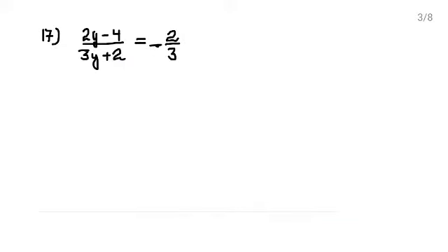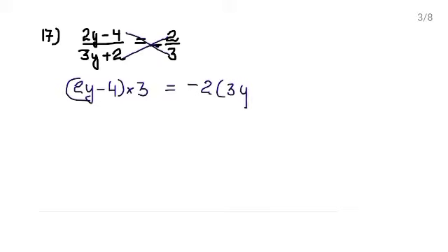Next, question number 17, again multiply this by this. 2y minus 4 is multiplied by 3, equals to multiply this -2, -2 is multiplied by 3y plus 2, right?